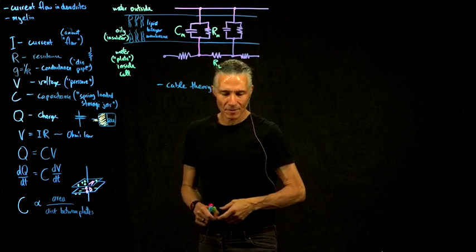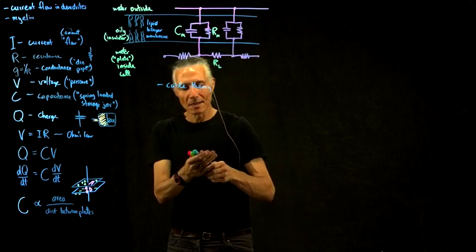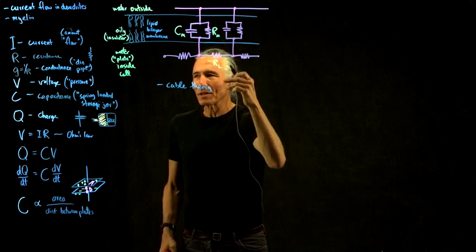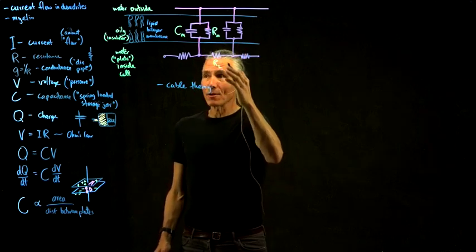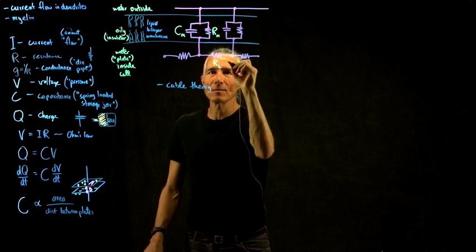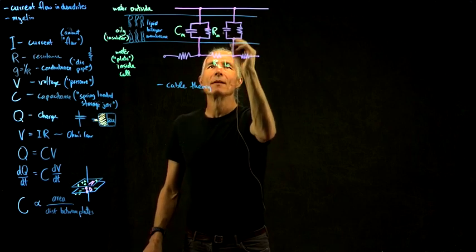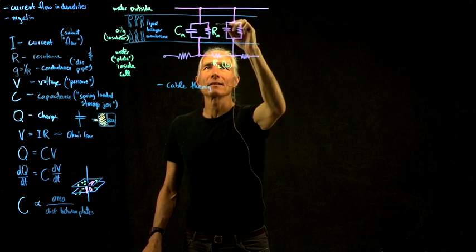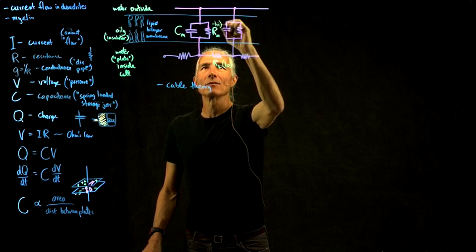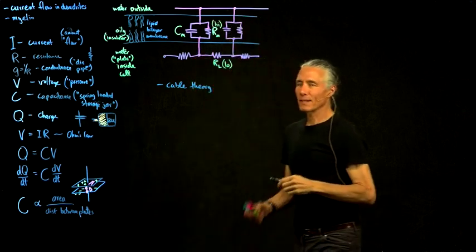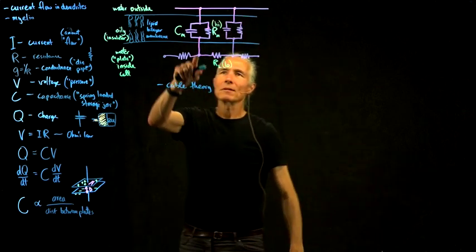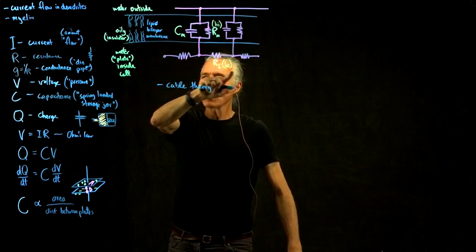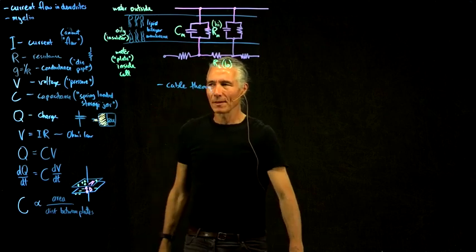The important analogy is that the most important thing that makes the neuron like a cable is that the longitudinal resistance is low and the membrane resistance is high. So it's like a cable because the membrane is like the insulator on the cable, and there's a relatively low resistance inside of it.